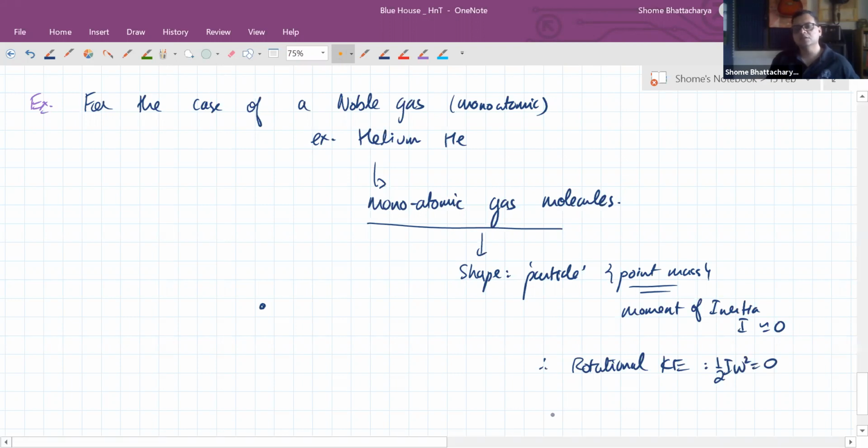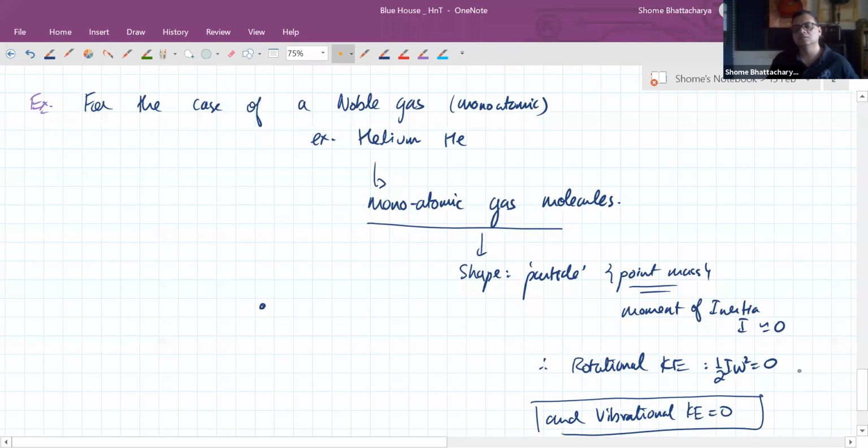And obviously, vibrational kinetic energy is also not there, because it's just a single particle, what will it vibrate about? That's also zero. So the only type of kinetic energy this has is the translational kinetic energy.